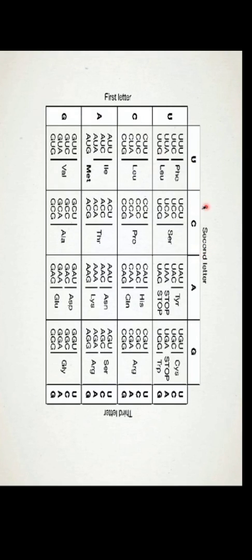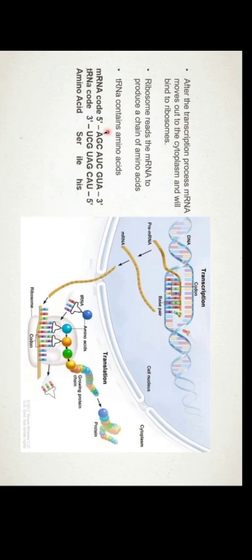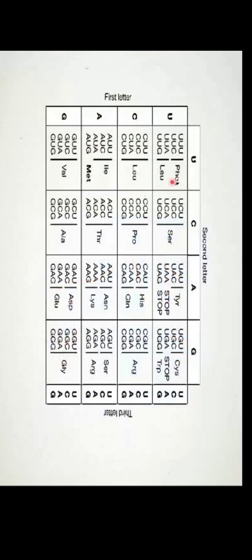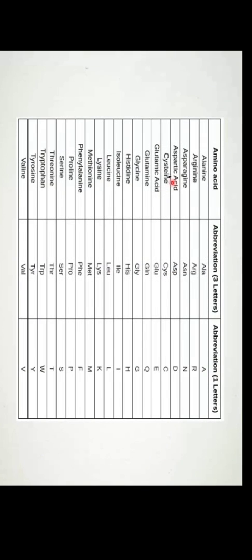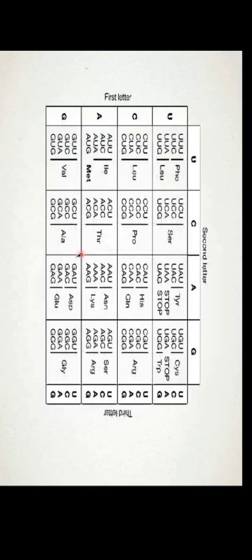So these are the possible combinations of N-bases that can create a protein. For example, U here. In mRNA, if it is U, for example, the combination will be PHA, that is phenylalanine. That is a possible combination.